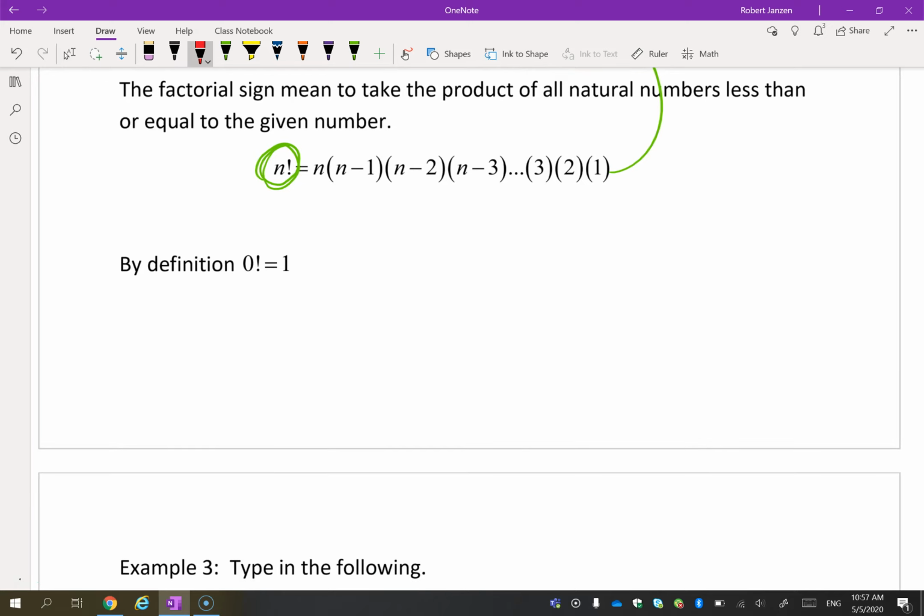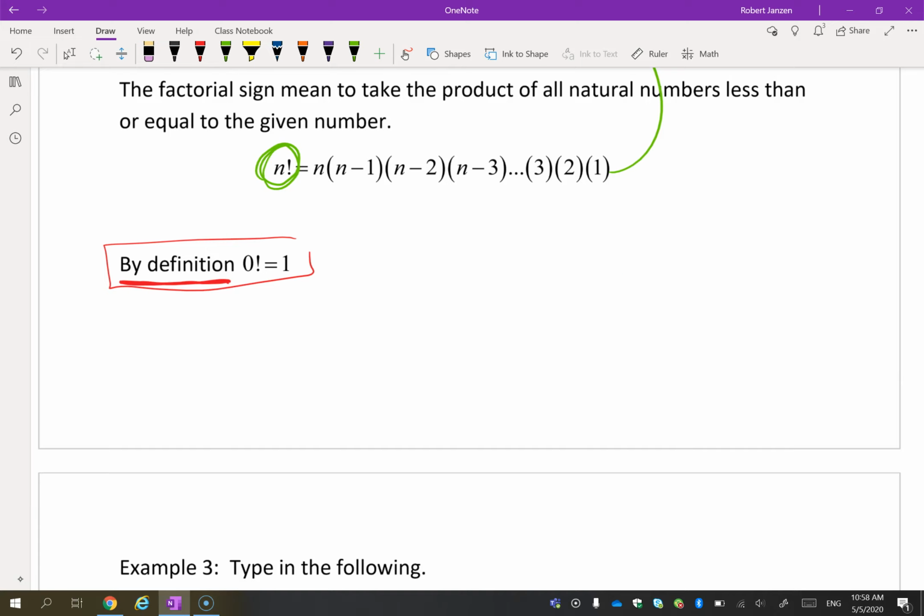By the way, here's something that you haven't seen before. This is something that is true by definition: 0 factorial is equal to 1. Now in your head, if you're using this notation, this would mean 0 times 1 less than 0 all the way down to 1. Well, if you multiply this, it should equal 0 in our brains.